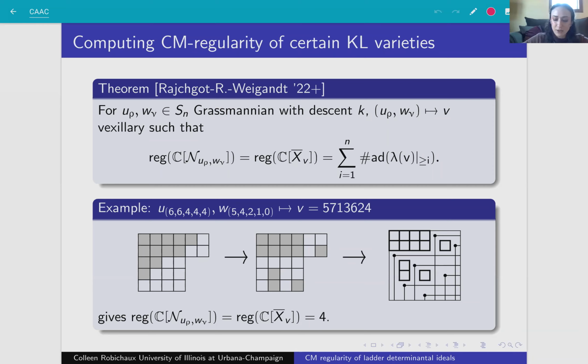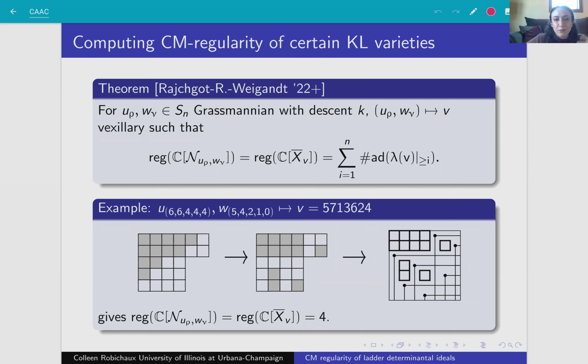So if I'm just considering our Kazhdan-Lusztig varieties indexed by a pair of Grassmannian permutations where they drop at the same point, respectively, then in fact, our Kazhdan-Lusztig variety is going to be isomorphic to a vexillary matrix Schubert variety, which tells us that we can use our formula of these anti-diagonals to, again, compute the regularity for these Kazhdan-Lusztig varieties that are indexed by these Grassmannians.